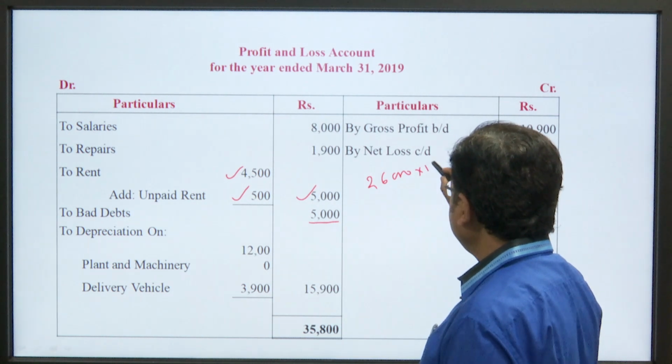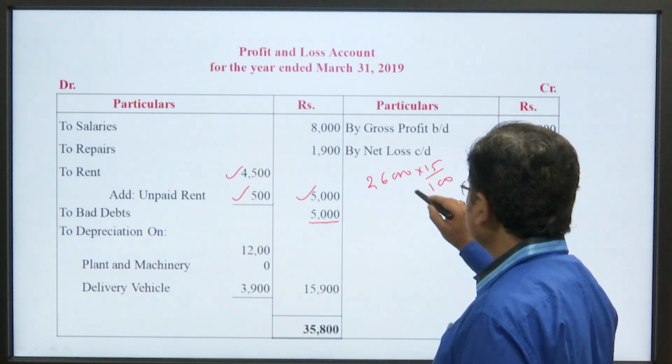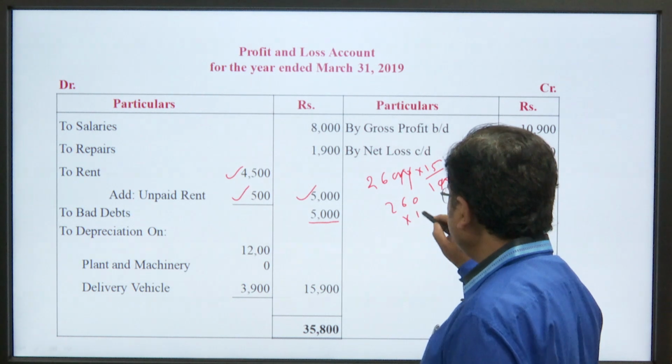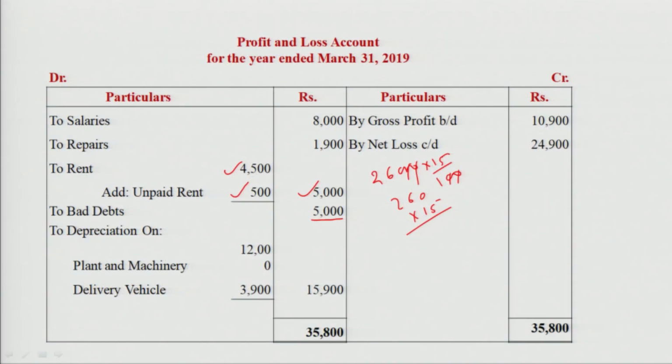So, calculate 15%, 26,000 into 15, 3930, it must be 3930.